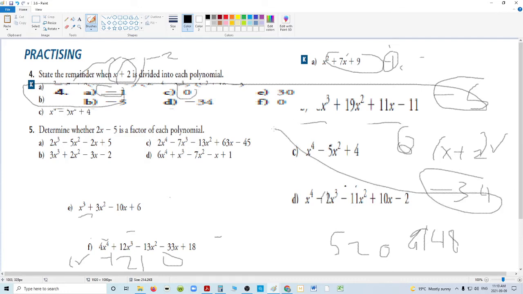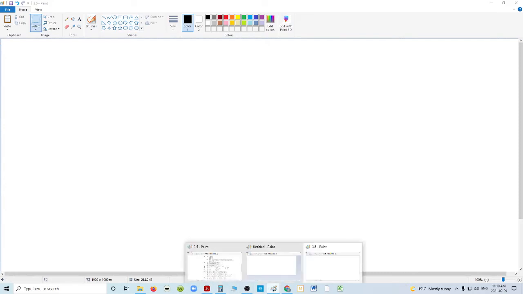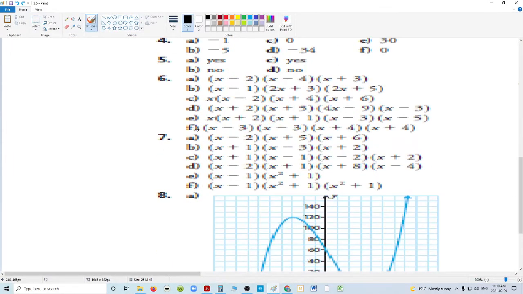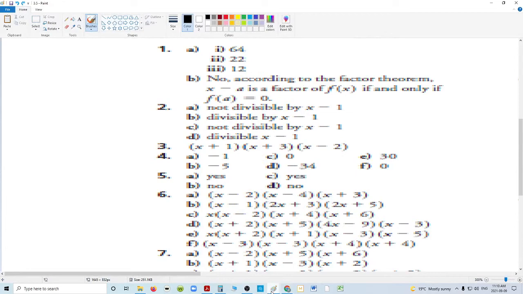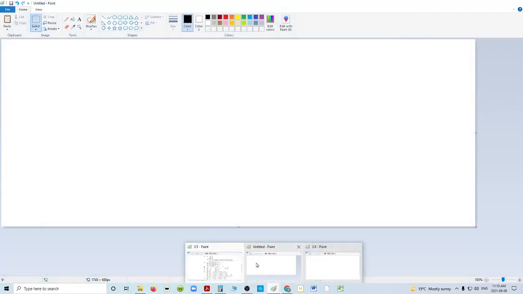Minus 34 is correct. Oh, I forget what I wrote down here. Did I write down 30? I hope I wrote down 30. Anyway, 30 is correct, and then 0 is correct. So that's good. You can see how easy it is if your multiplication and addition is pretty sound.